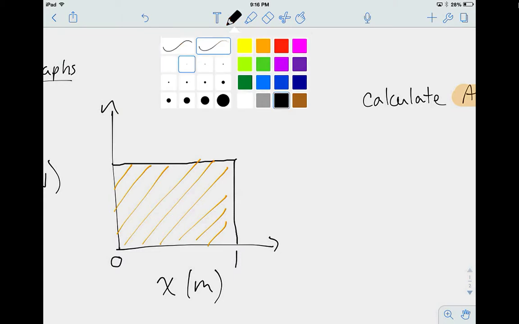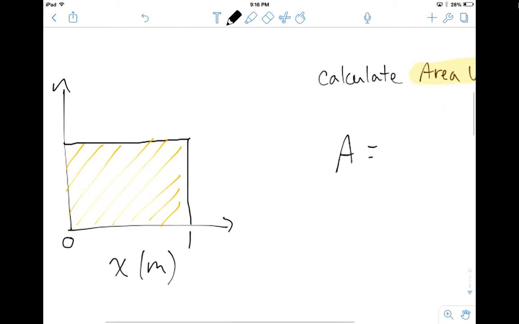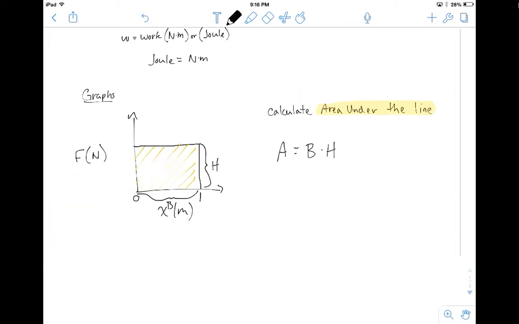To calculate the area of a rectangle, area equals length times width. Really, I'm going to call it height times base. So area is going to be base times height, like that.